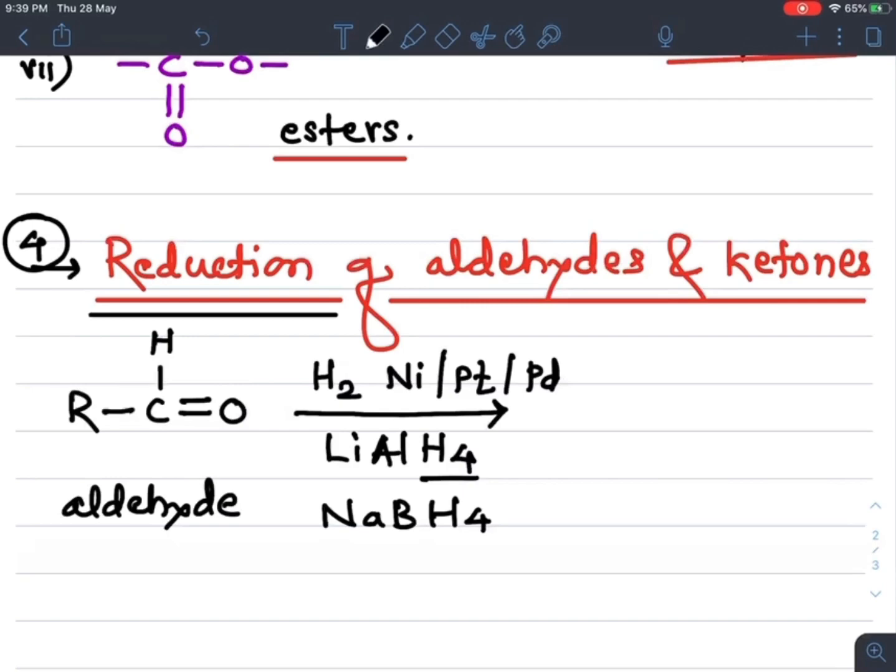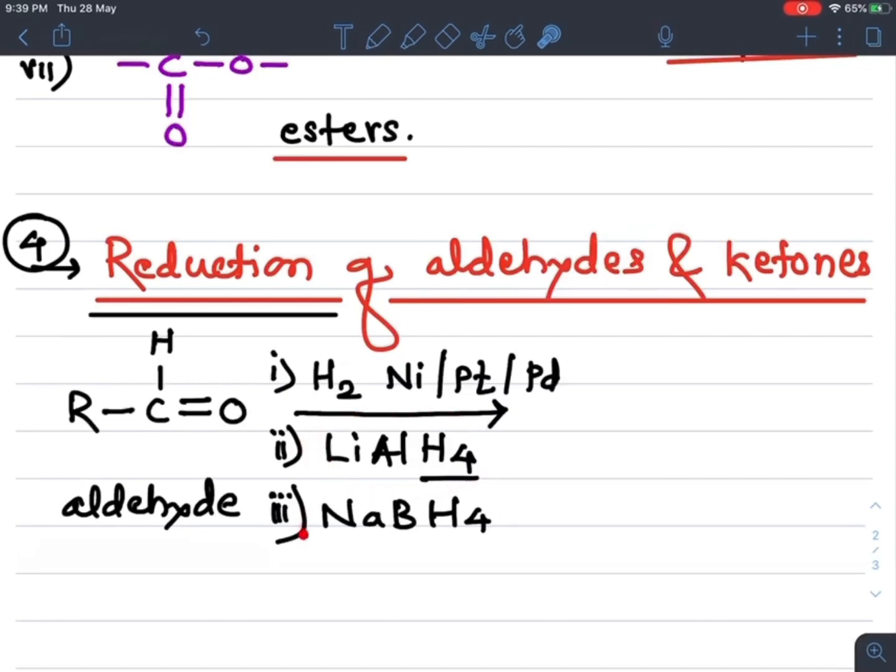So these are three different reducing agents, in which LiAlH4 is a strong reducing agent because it easily supplies hydride for the reduction, and it is used for the reduction of carboxylic acid also.